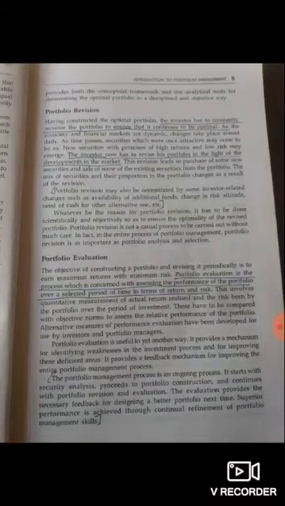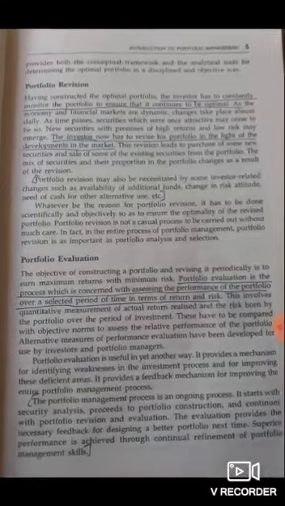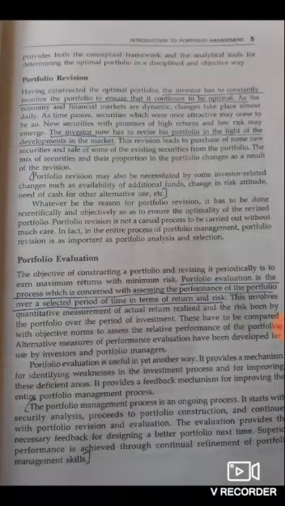Next we shall go to portfolio revision. The fourth step is the portfolio revision phase. We know the future is constantly changing. The securities which might have been overperforming might become underperforming, the underperforming securities might become overperforming, and the securities' risk and return keep changing. In the second case, our investment objectives keep changing. Sometimes we may look for stability in the return, sometimes we may look for safety in the return.